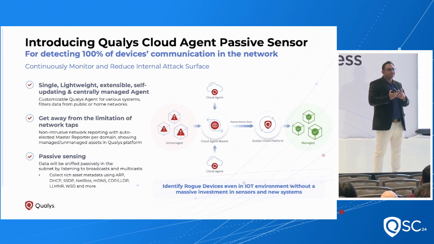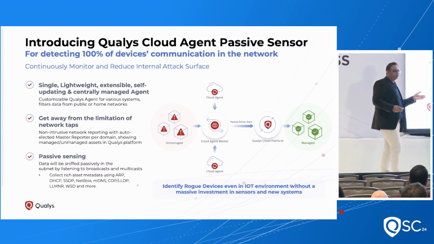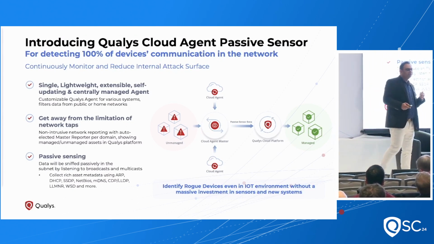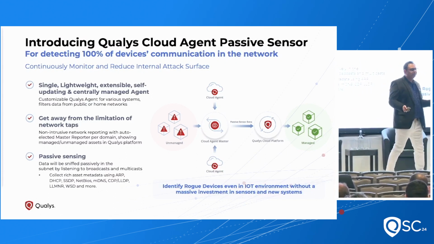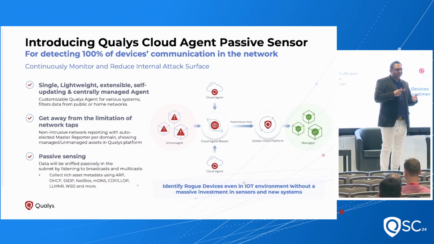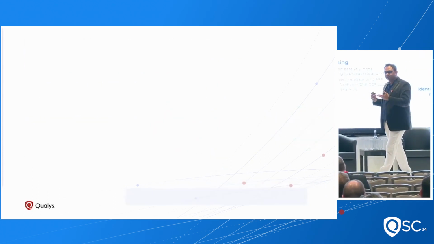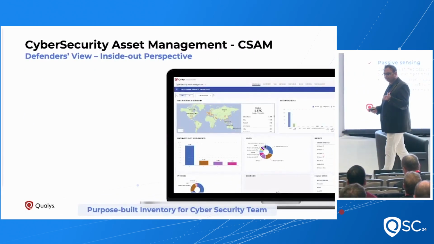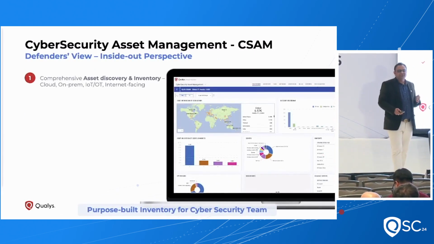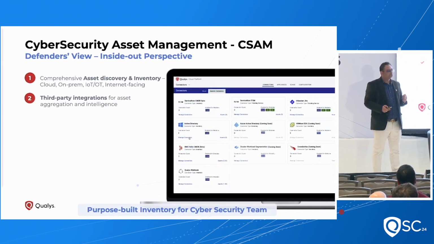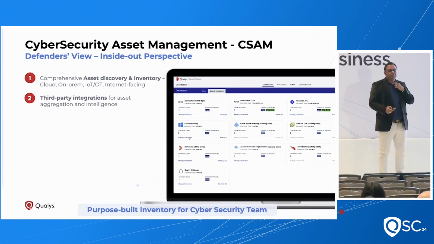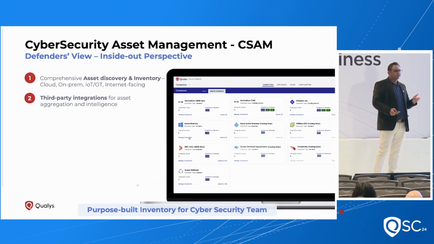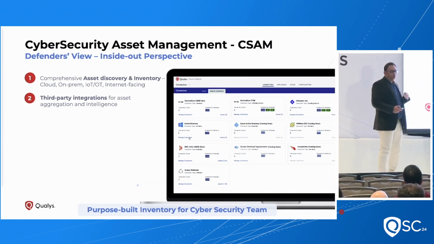Now the same agents are listening on your network traffic and finding some of the raw, unknown, unauthorized devices where the agent may not be deployed, where the sensor is not sensing, right? And all of those assets that we are finding with our cloud agent passive sensor are part of your internal environment, right?